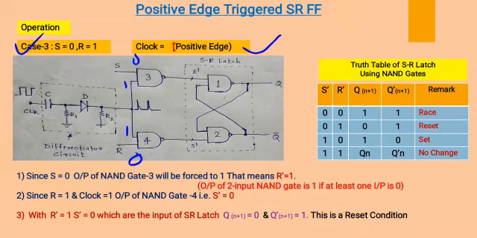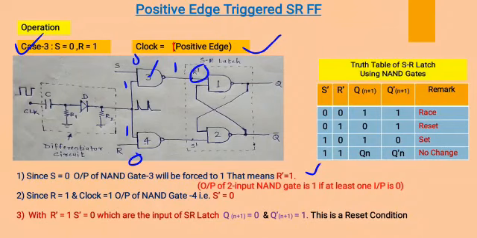Since S is 0, the output of NAND gate 3 will be forced to 1 irrespective of the other input. That means R dash will become 1.